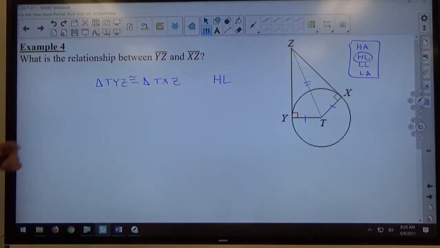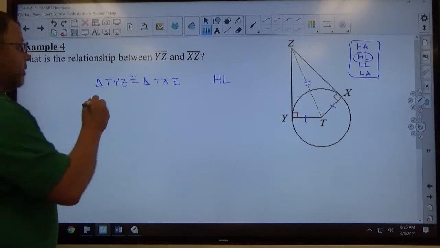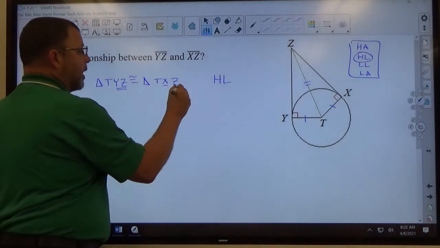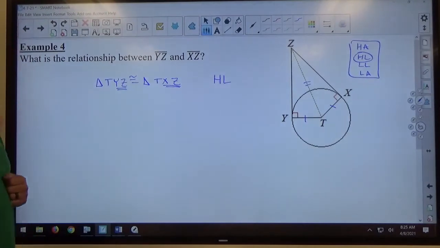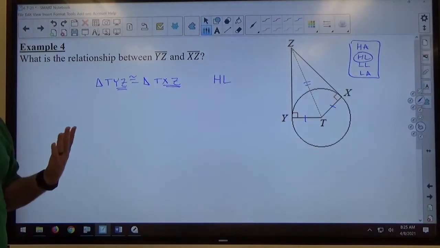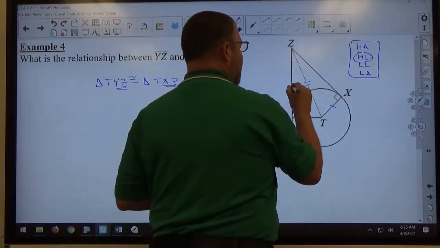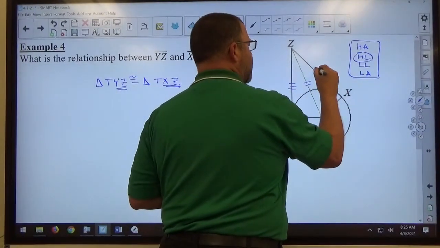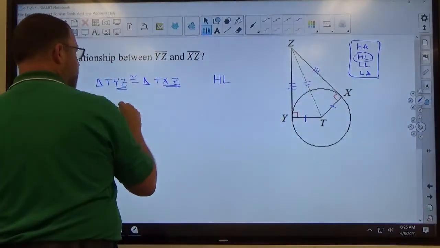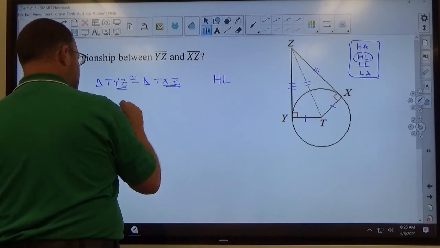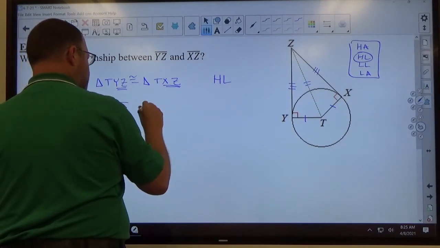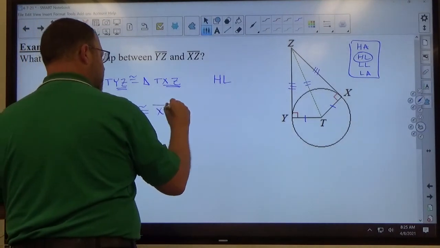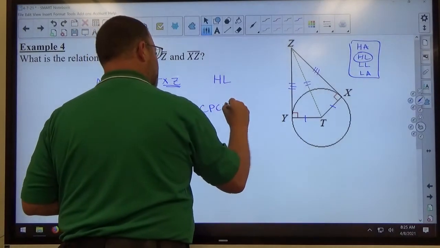And then they want a relationship between yz and xz. Well, taking a look, yz and xz are in the same positions in the congruent statement, therefore they should be congruent to one another. So I know that yz is congruent to xz by CPCTC.